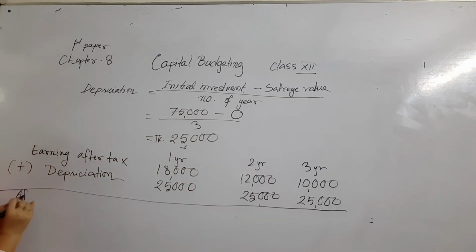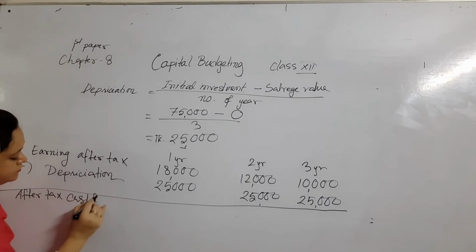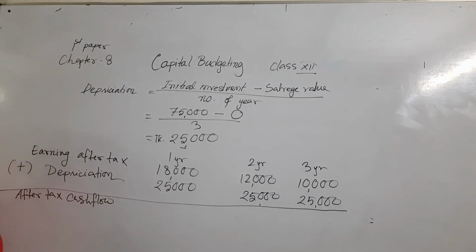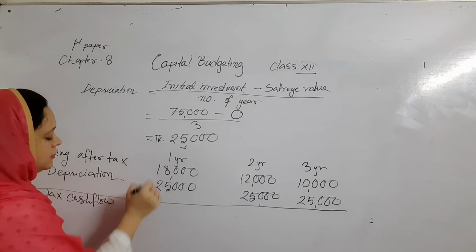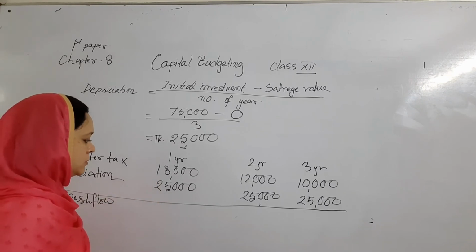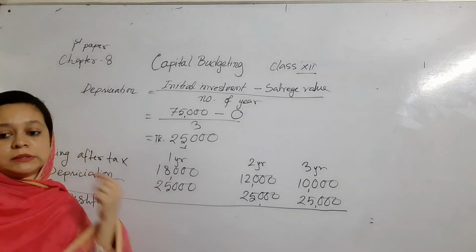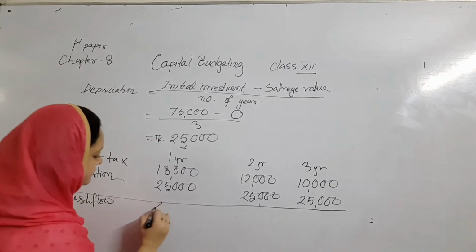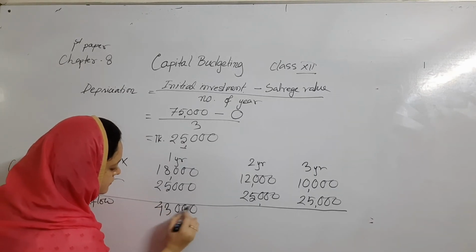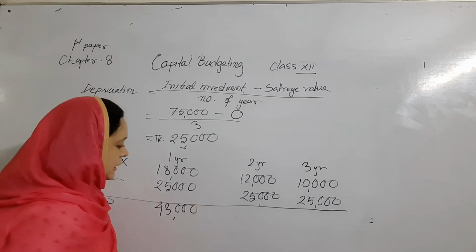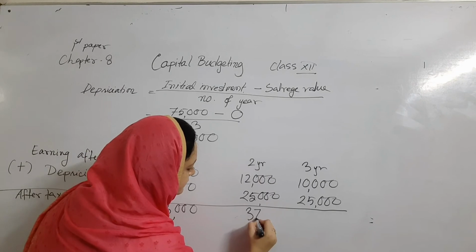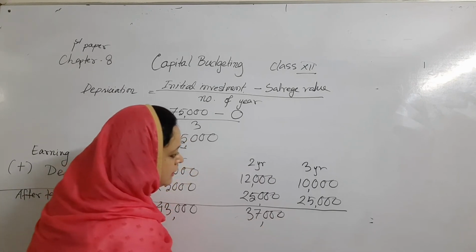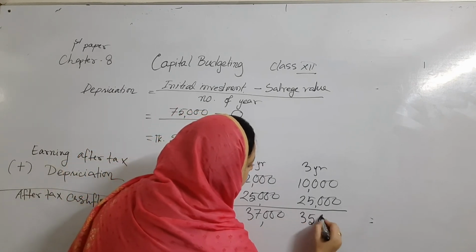This is the after-tax cash flow, which is the base to find out the payback period. The result is the addition of 18,000 and 25,000, which is 43,000, then 37,000, and last 35,000.